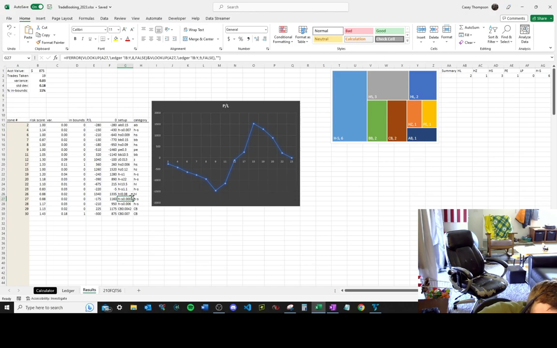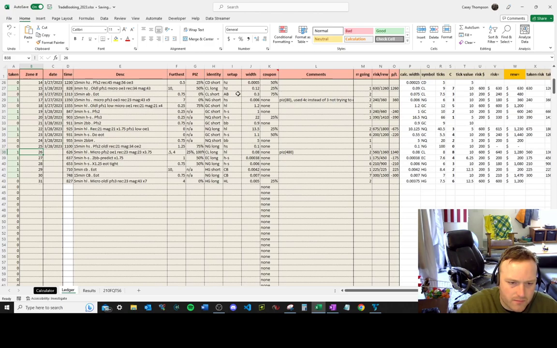What is that? I don't know where that's coming from. I guess that's the width. No, I don't need the width. That's weird. P&L is 8, 9, 10, 11, 12, 13.